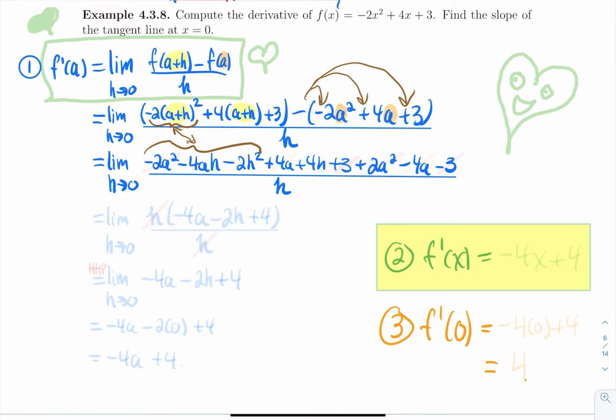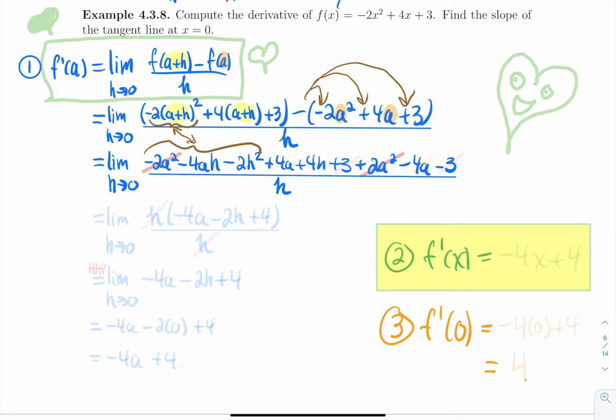And this is very typical in these questions. Everything inside the bracket for f of a will typically cancel with something on the other side. So for example, here I'm going to use my marker to cancel terms. This minus 2a squared will cancel this plus 2a squared.